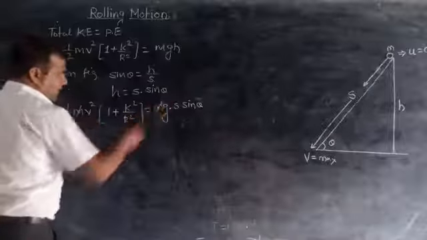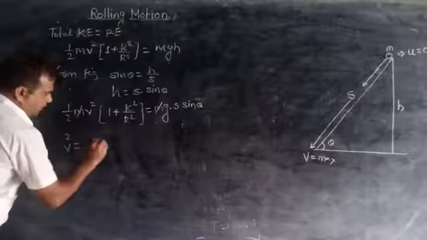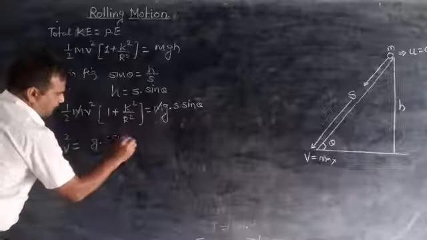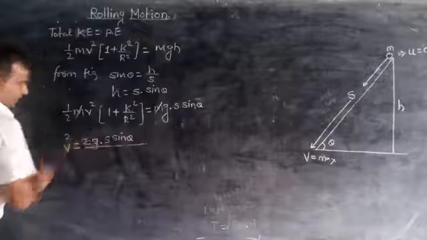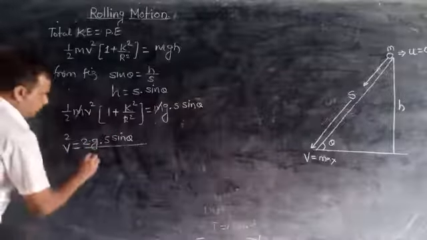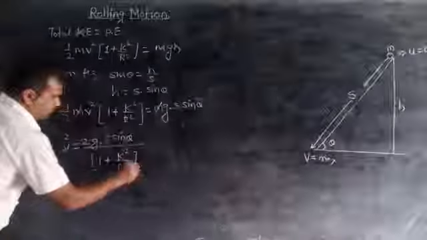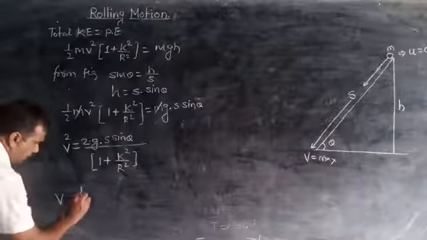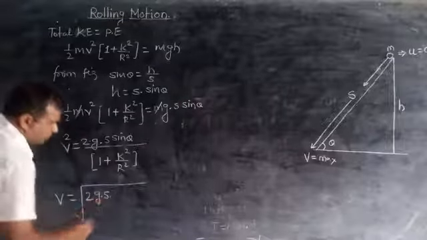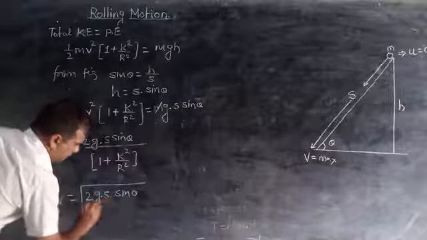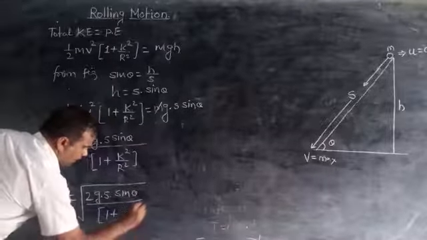Now, this m gets cancelled, and therefore v square can be written as twice gs sin theta upon 1 plus k square upon r square, and therefore this v can be written as under root 2gs sin theta upon 1 plus k square upon r square.